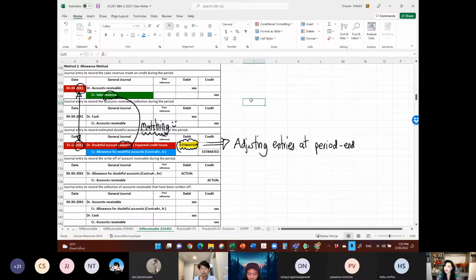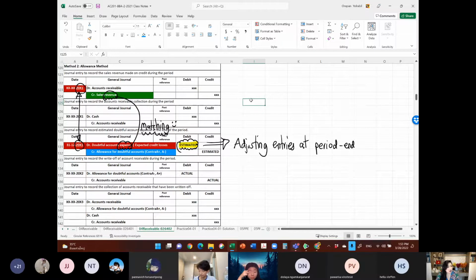Or should it be the accounts receivable from Mr. C? What do you say? Do you know who will die? Do you know who will go bankrupt? Do you know who will not be able to make the payment in the future? We never know, right?